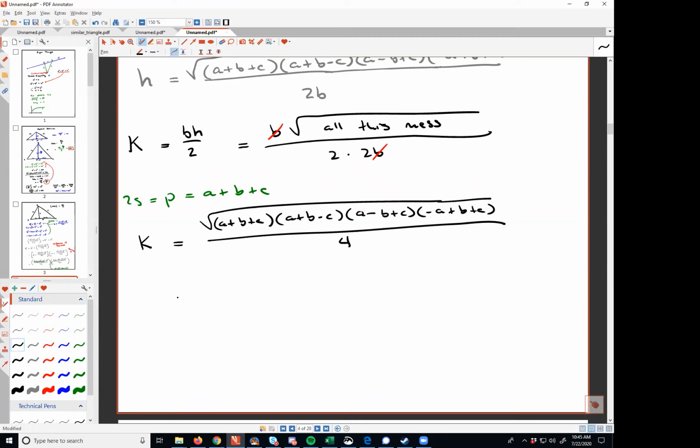And if we replace a plus b plus c with 2 times the semi-perimeter, we get 2s. And then how do we describe a plus b minus c? If a plus b plus c is 2s, what is a plus b minus c?